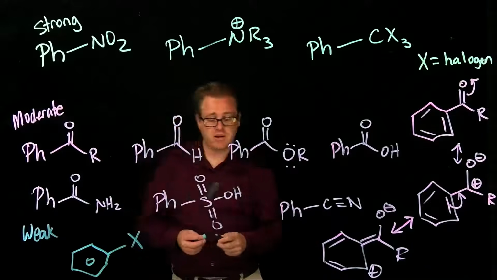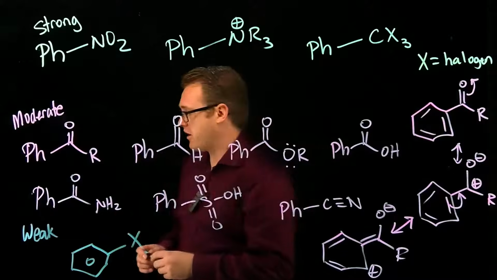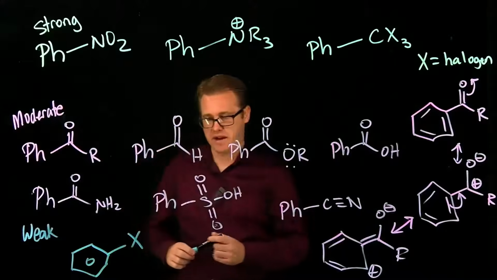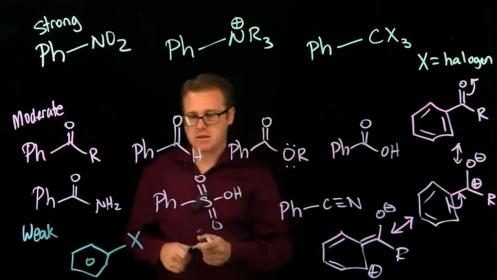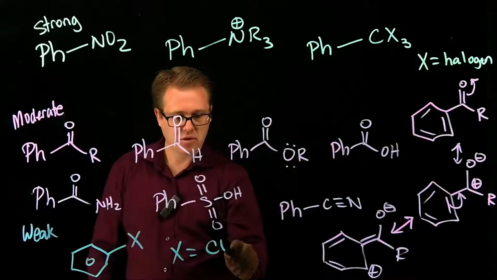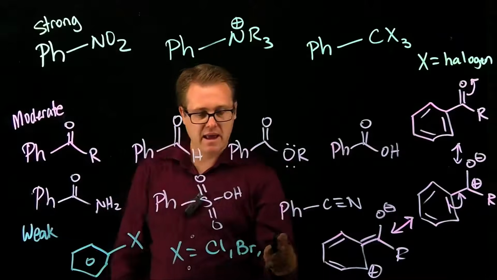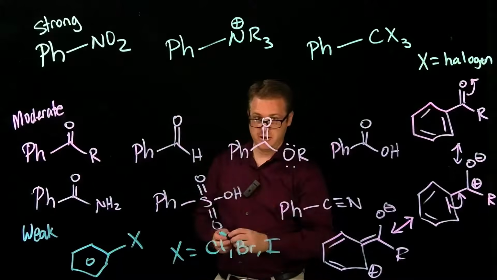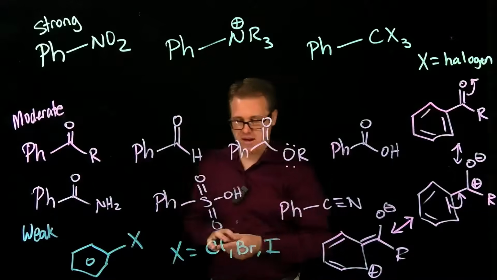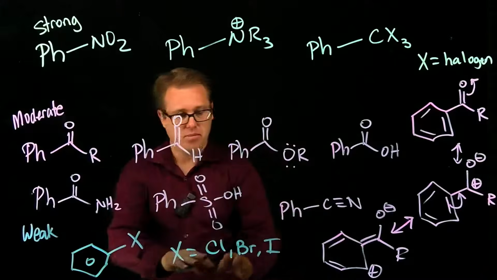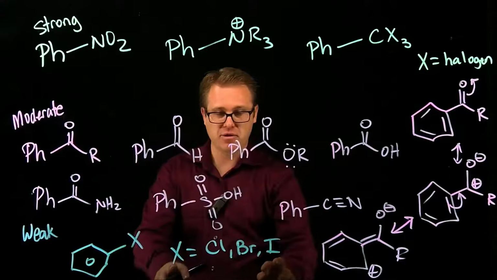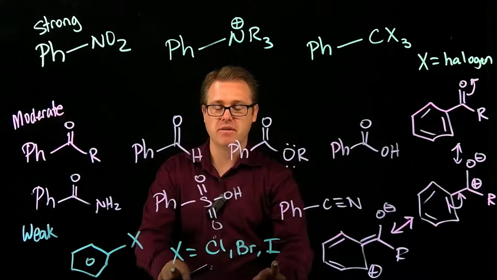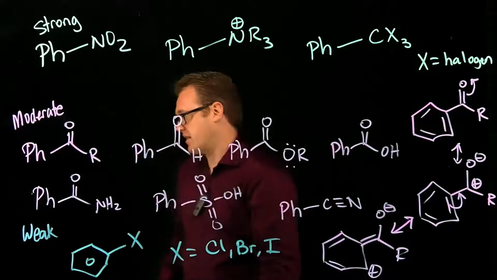So if you have chlorine, bromine, or iodine, those are examples of weak deactivators. Okay? But how do these groups direct? They're ortho-para directors, even though they're weak deactivators.